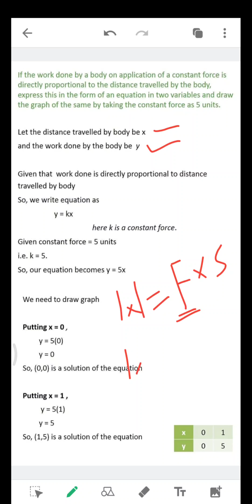So W is equals to 5S. This is our linear equation in two variables, that is W and S. In the question the constant force applied is 5 units.